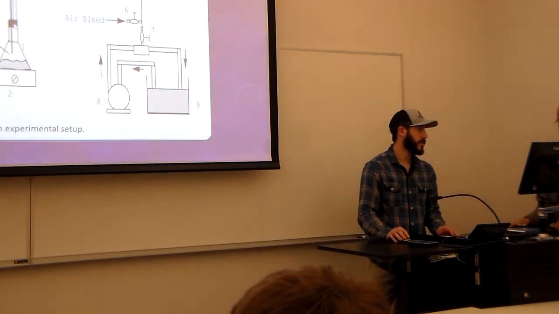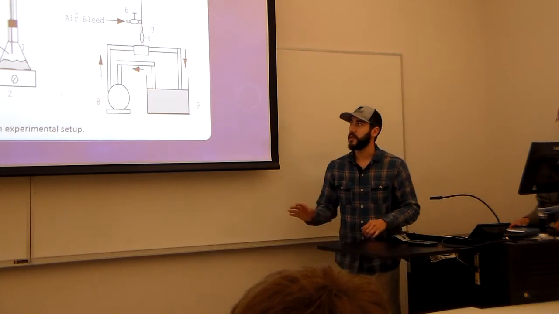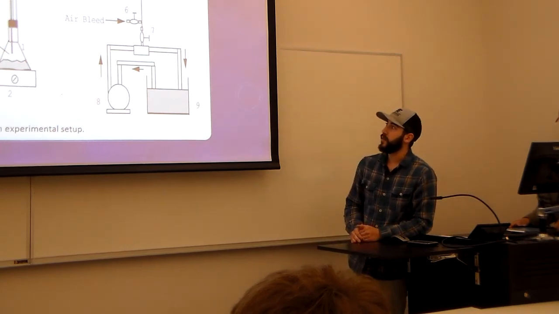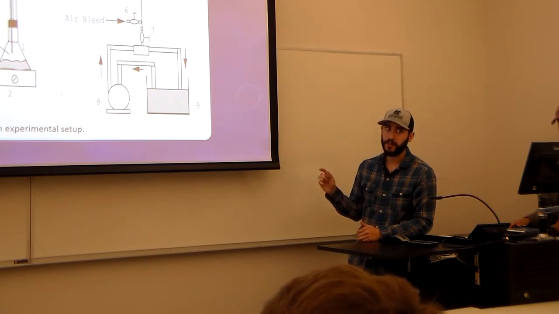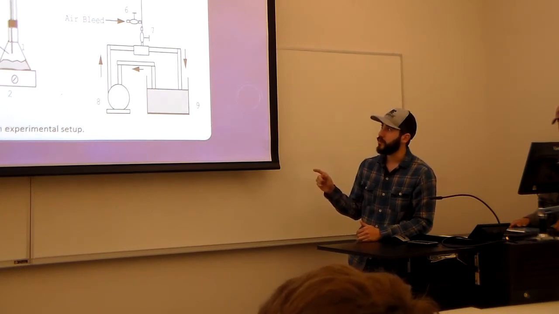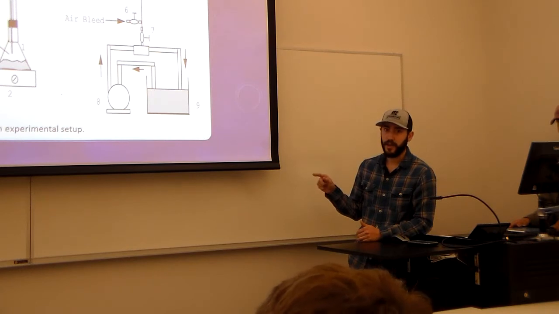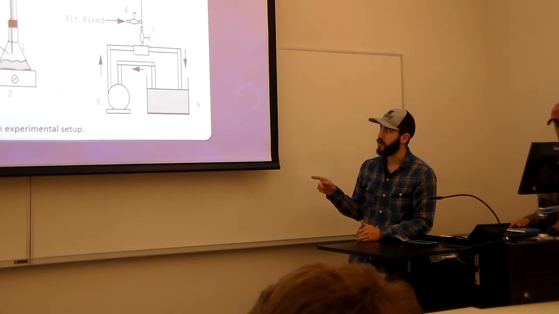So for setting up the experiment, this is the basic layout. We have a 1 liter flask, which is 1, with water in it, over a heat plate, and 3 is pointing to a K-type thermocouple that runs through the PDAQ acquisition system software in the computer.